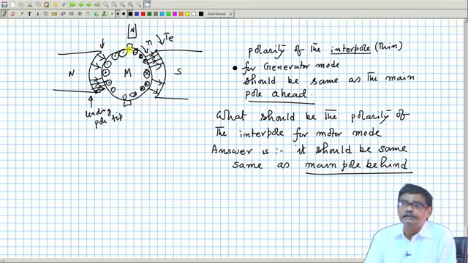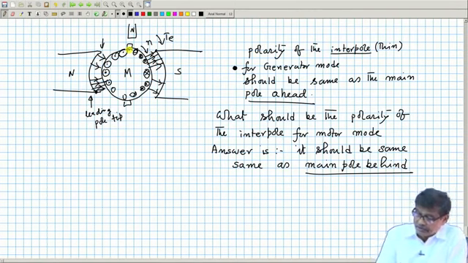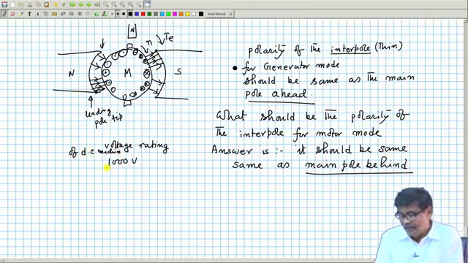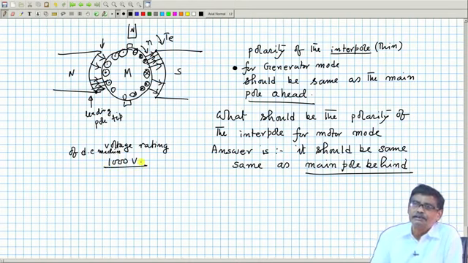But in a DC machine, you will never hear of a voltage rating at that level. The voltage rating of a DC machine may be at best 1000 volt, that is all. You will never hear of a 3.3 kV DC machine, out of the question.